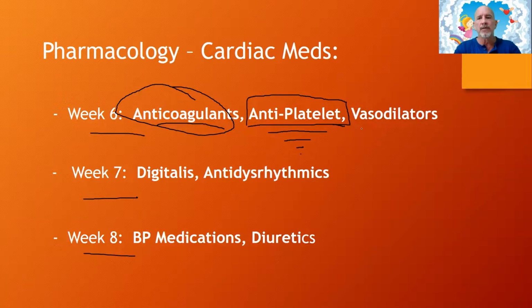Another one is vasodilators. There are some drugs like nitroglycerin that will just open up your vessels. You will often see guys in the movies, you know, my chest is hurting, and they pull out this little tiny bottle and there's this little tiny pill and they throw that under their tongue and then they go, I feel better now.